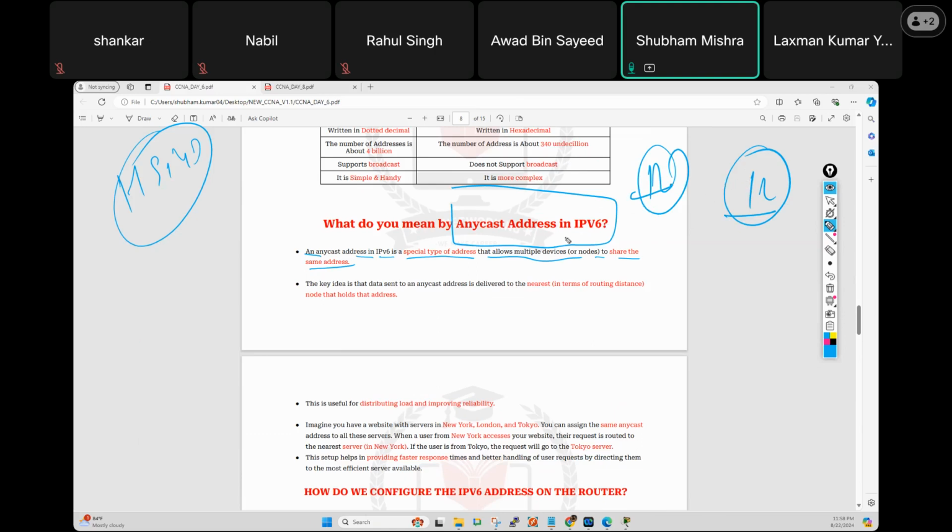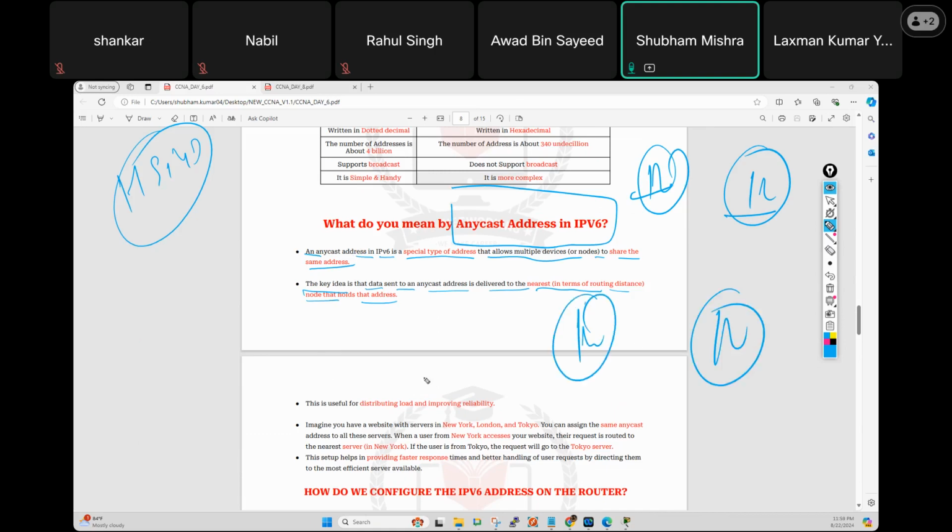That is called HSRP, which we generally do, but in case of IPv6, that is called anycast address. The key idea is that data sent to the anycast address is delivered to the nearest node, in terms of routing distance, that holds that address. For example, this is the router and this is the router, and both routers use the anycast.